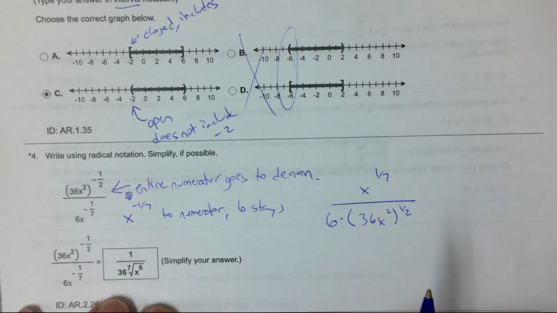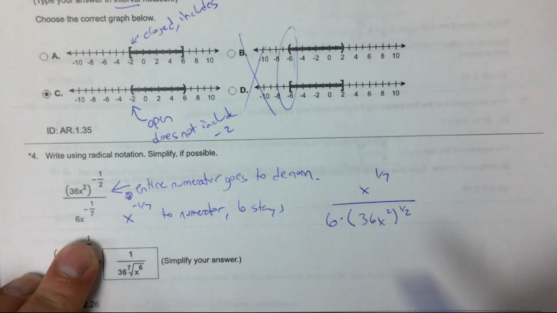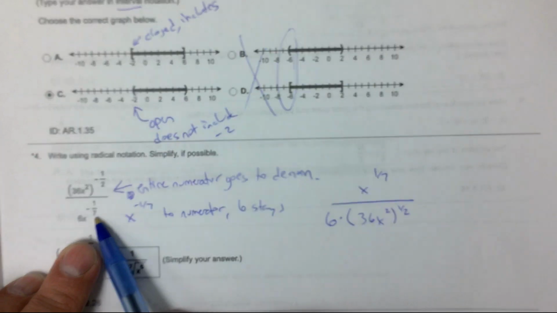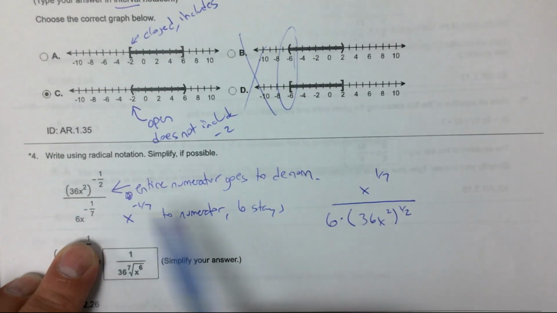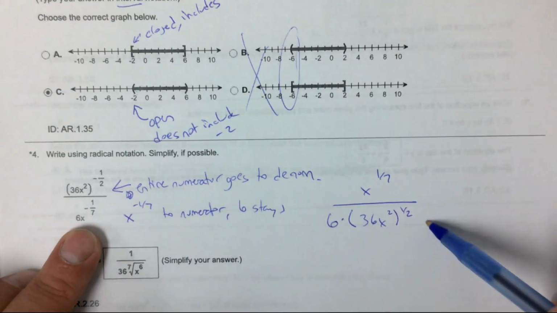Okay, so you basically move the x to the negative 1/7 to the numerator. Remember, the negative sign means it's a ticket to move, and in this case, you move it to the numerator and make it positive. And on this part, it's a ticket to move it to the denominator, and looks like that.